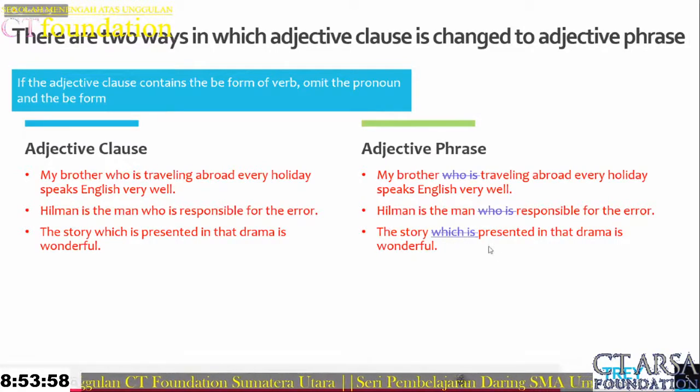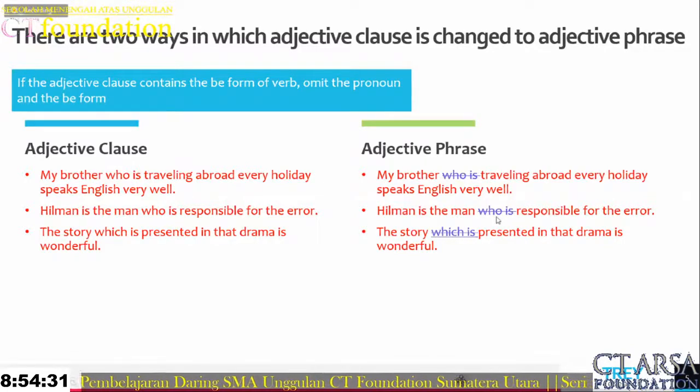So there are several kinds here, right? When the adjective clause is changed into an adjective phrase, we omit the relative pronoun and be form. Number 1, my brother who is traveling. When the sentence is in present participle, who and is are dropped, taken out. Number 2, Hilman is the man who is responsible for the error.